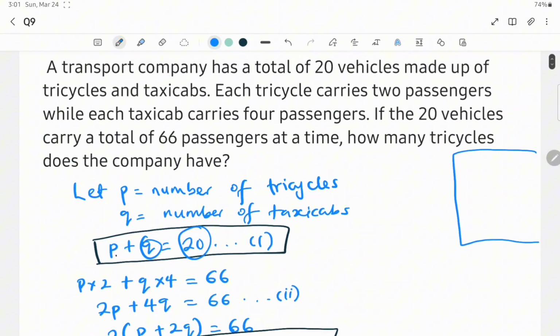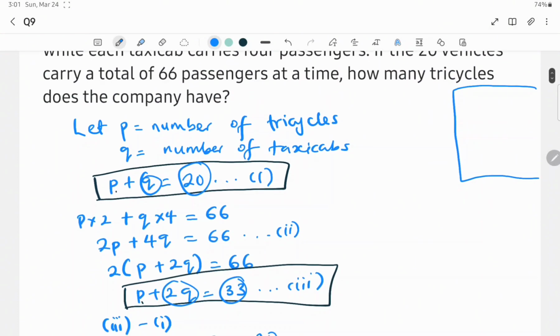Let's use another method to solve the question. From our first equation, P plus Q equals 20, and 2P plus 4Q equals 66.